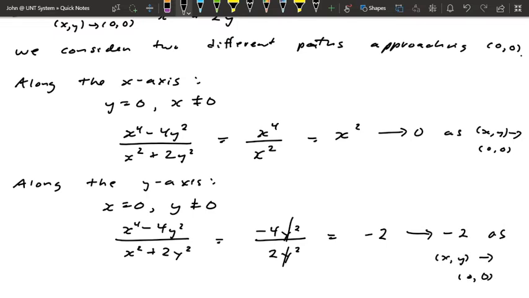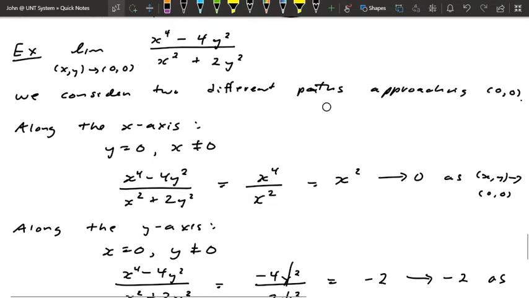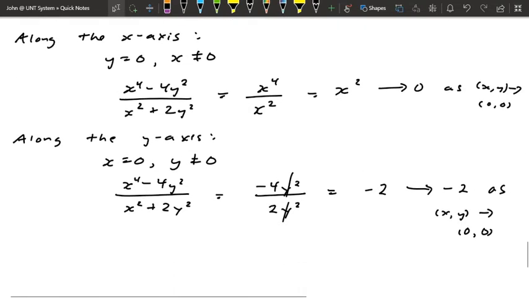Okay, so what happens along the y-axis is our function is constant minus 2, which means it's approaching a different value than it approached along the x-axis, where it approached 0. So therefore, this limit does not exist. So since we get two different limits along two different paths, the limit does not exist.